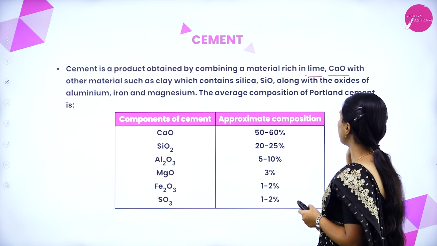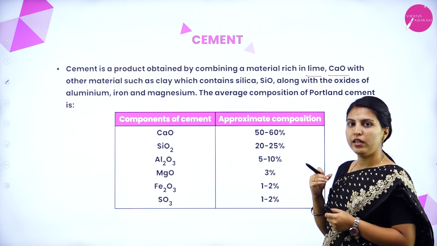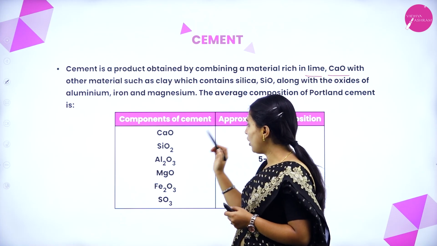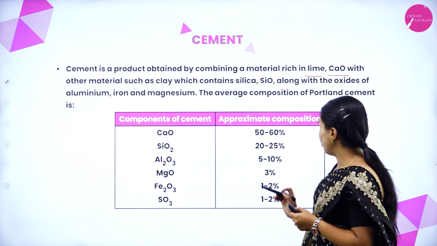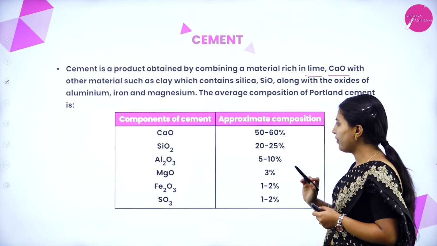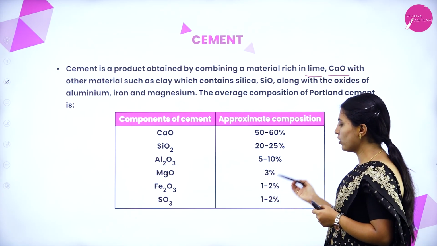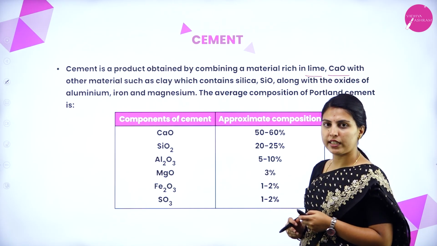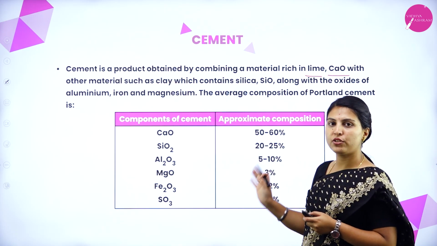The average composition of Portland cement: cement is not one constituent, it is comprised of calcium oxide, silicon oxide, aluminium oxide, magnesium oxide, iron oxide and sulfates also, with approximate composition calcium oxide 50 to 60%, silicon oxide 20 to 25%, aluminium oxide 5 to 10%, magnesium oxide 3%, iron oxide 1 to 2% and sulfur trioxide 1 to 2%. This is the overall composition of cement.